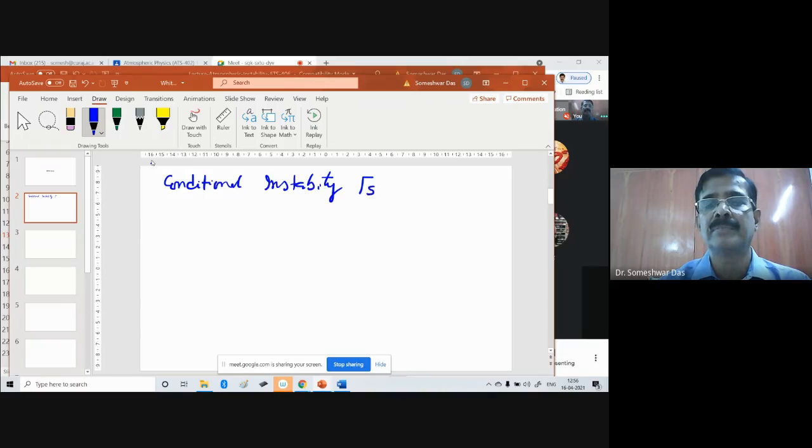Gamma S, that is the saturation adiabatic lapse rate, less than gamma, the environmental lapse rate, which is less than the dry adiabatic lapse rate. So this is the conditional instability because of the convective motion alone. And we have the conditional symmetric instability.